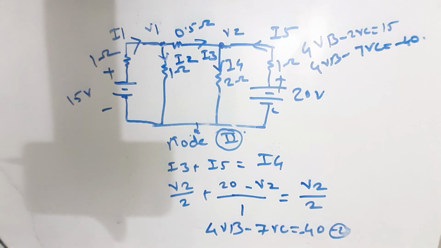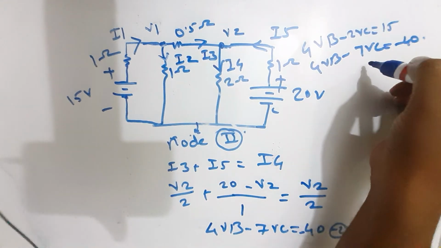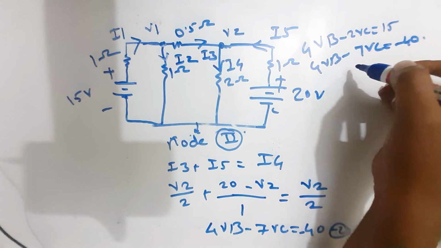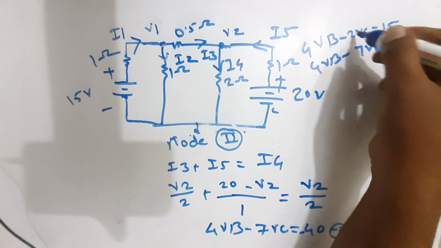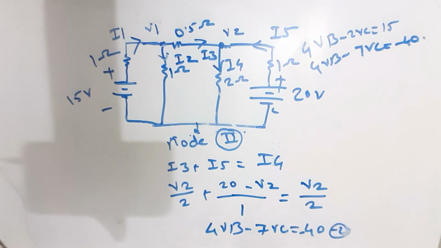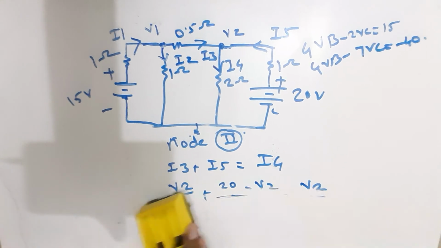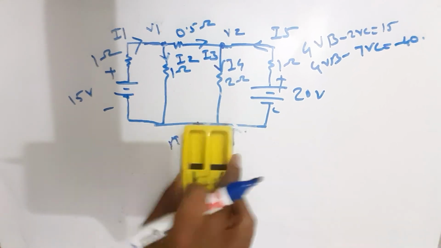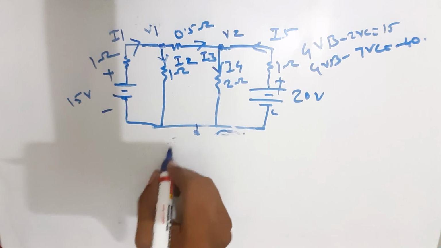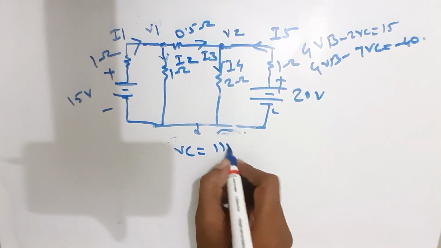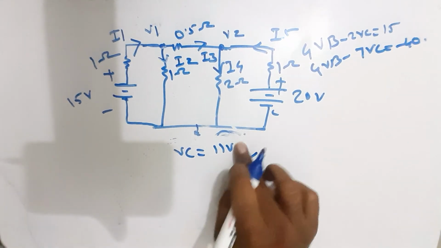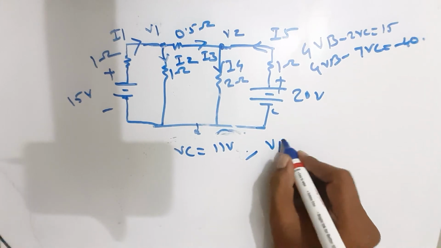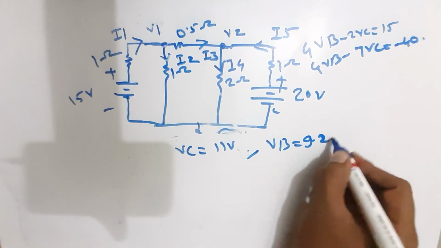So just subtract it, this will cancel, you will get plus 5VC equal to this one. So after subtracting the second from the first, you will get VC equal to 11 volts and VB equal to what? 9.25 volts.